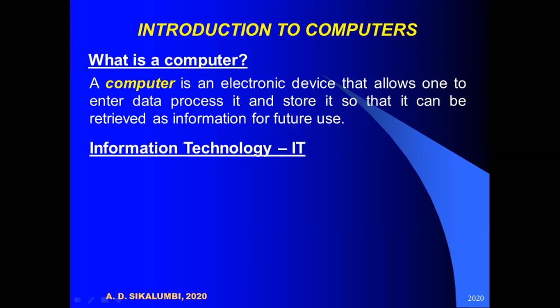Then that information can be retrieved for further processing or for communication, to send. You can also receive information using the computer. So it is an electronic device that allows one to enter data, process it, and store it so that it can be retrieved as information for future use.